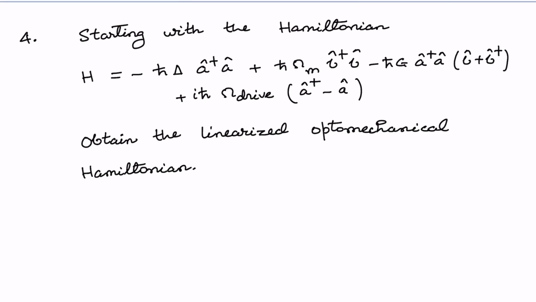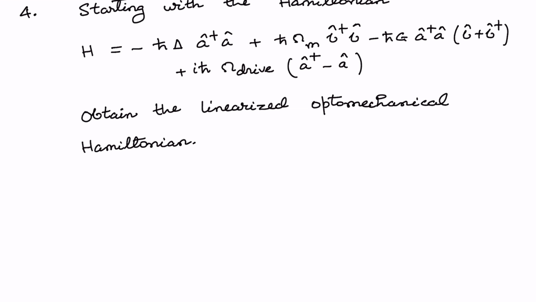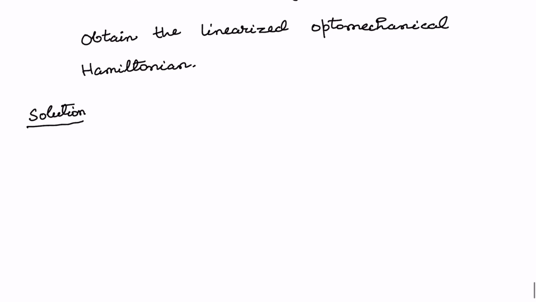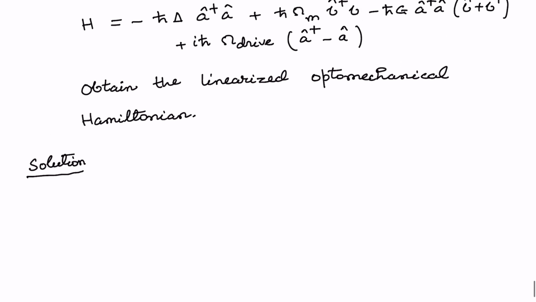Starting with the Hamiltonian we have just worked out, obtain the linearized optomechanical Hamiltonian. This is an important problem, and let me do it very systematically. First of all, let me write down the Heisenberg equation of motion using this given Hamiltonian.